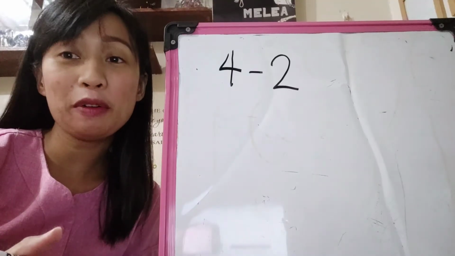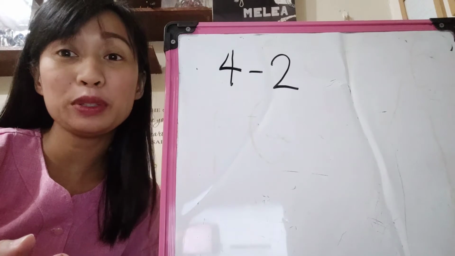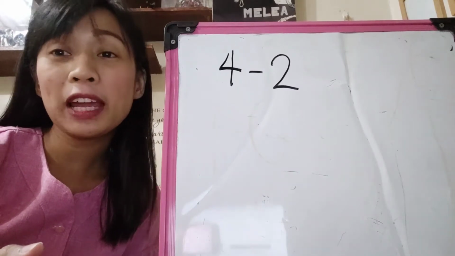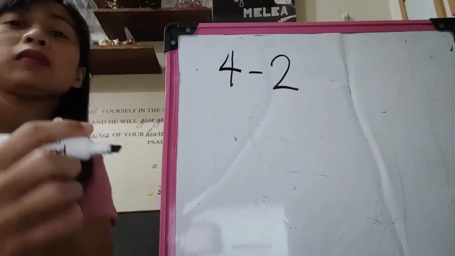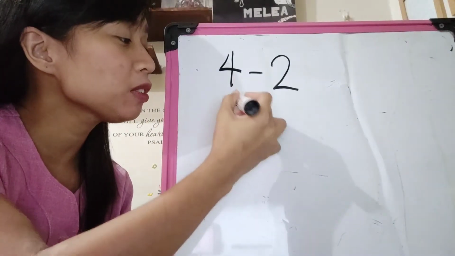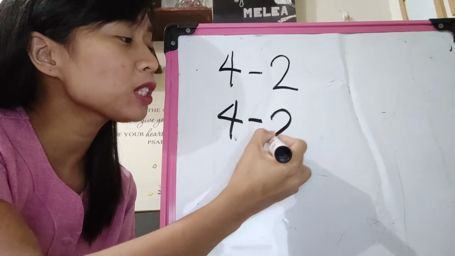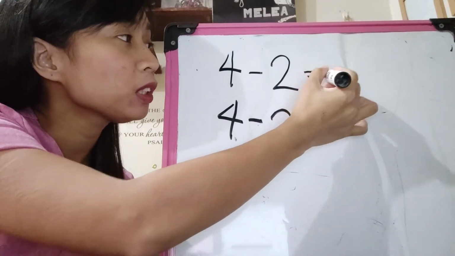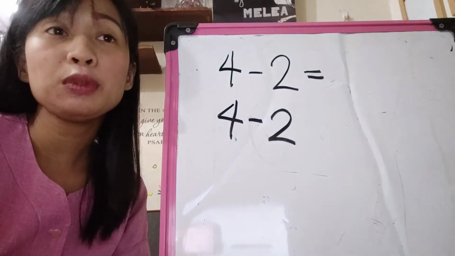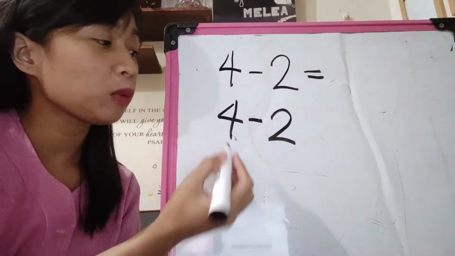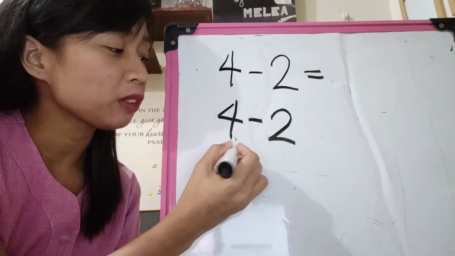Okay, so this is going to be our first example. We have 4 minus 2. So, let us apply the rule in subtracting integers which I have discussed a while ago. But before that, I will just rewrite this so that you could see the difference between the two. So, 4 minus 2. The first rule is keep the first number, which is the minuend, which is positive 4.